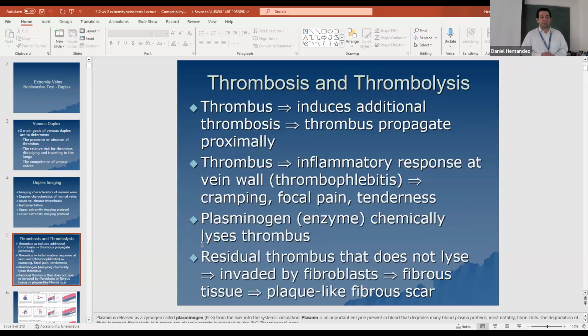So thrombosis and thrombolysis. So thrombosis is the formation of clot within the vessel. Thrombolysis is the breaking down of clot within that vessel. So a thrombus, as a clot starts to form within the vessel, this actually will induce or cause additional clot formation.